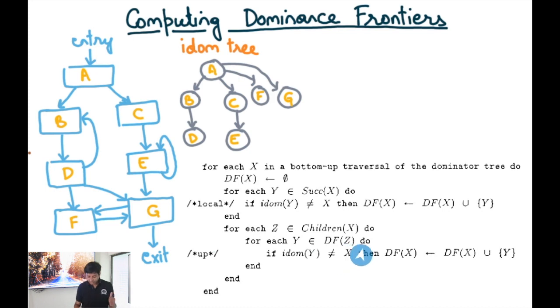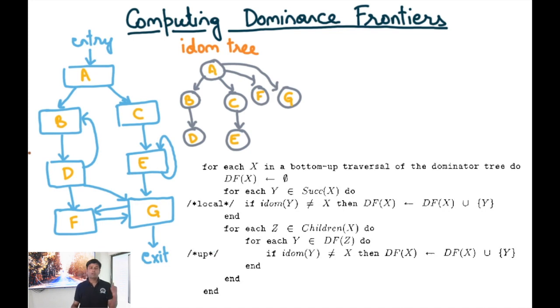Once again, X will strictly dominate Y if and only if Y's immediate dominator is X, because Y is in the dominance frontier of a child of X. Checking whether Y is strictly dominated by X is equivalent to checking whether the immediate dominator of Y is equal to X. And so if the immediate dominator of Y is not equal to X, then I add Y to the dominance frontier of X. So this is the algorithm to compute the dominance frontiers in a single bottom-up pass.